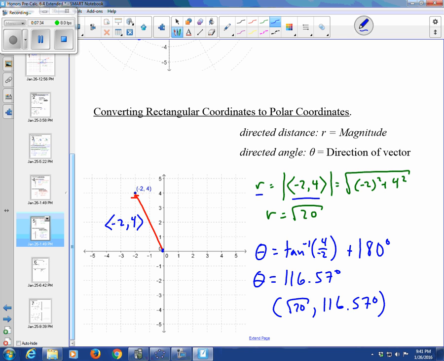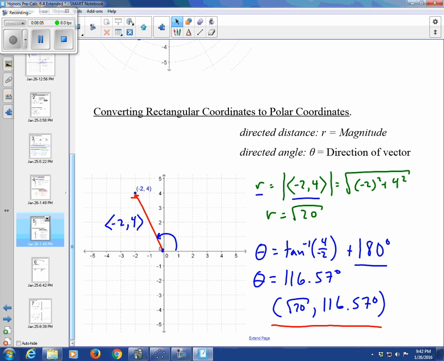Now, when we're rotating to this vector, what we want to think is that this is a vector in the second quadrant, so we're going to have to add 180 degrees to inverse tan, and when we do that, we get our directed angle of 116.57 degrees.